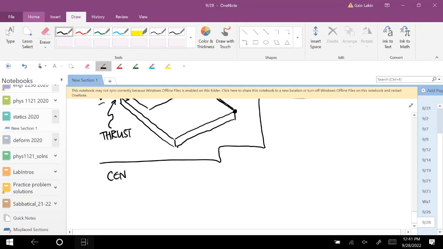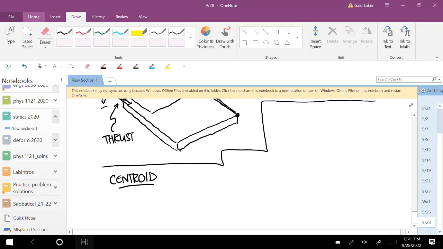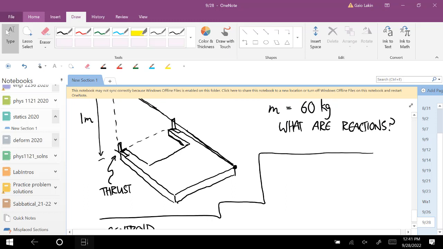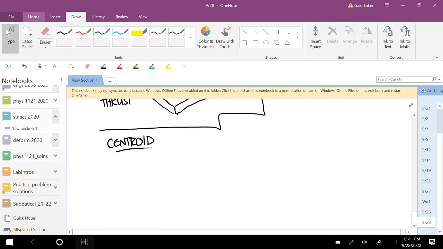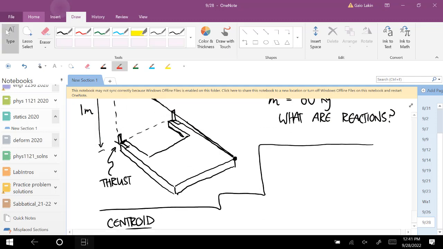Okay, so first we have to calculate that centroid, and we can just do that as a 2-dimensional shape. The reason we can do it as a 2-dimensional shape is because it's a plate that has a uniform thickness everywhere. I'm going to put the coordinate system here.